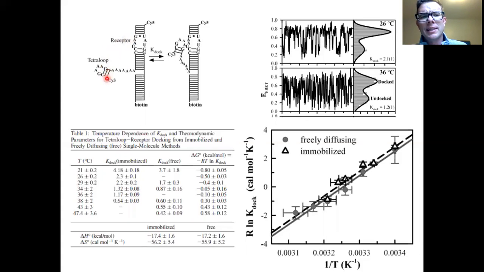So this thing would basically wiggle back and forth. And what we did was stick 2 dyes on this molecule, one on the wiggly part and one on the dock. And depending on how close together these 2 ends were, you would get efficient or inefficient FRET, fluorescence resonance energy transfer.